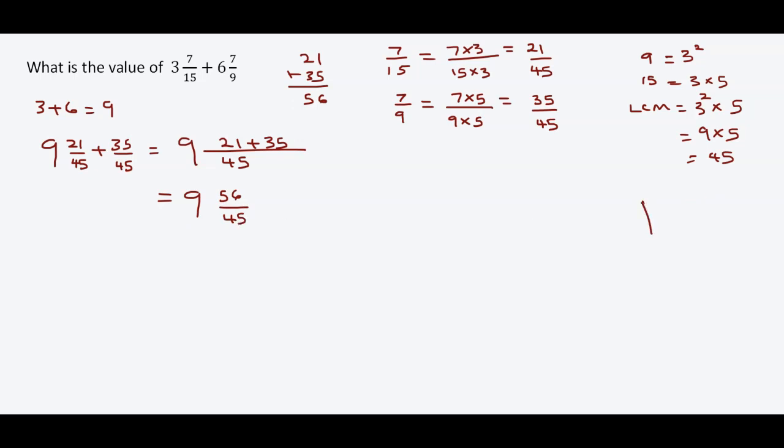Let's convert that to a mixed fraction. 56, 45, it goes in one time, multiply by 45, we have 45, and then we subtract. So this is going to give us 9 plus one whole number, 11 over 45, and we're going to end up with 10, 11 over 45.